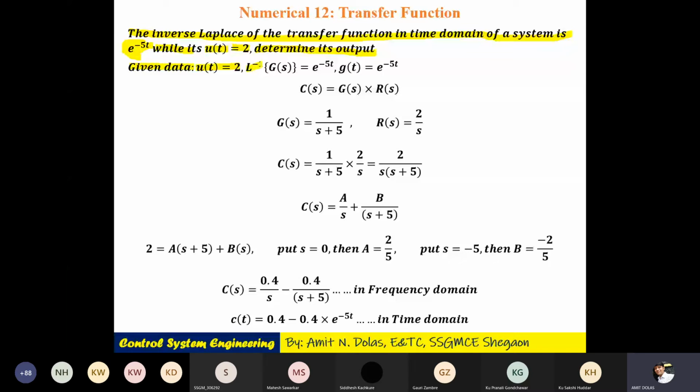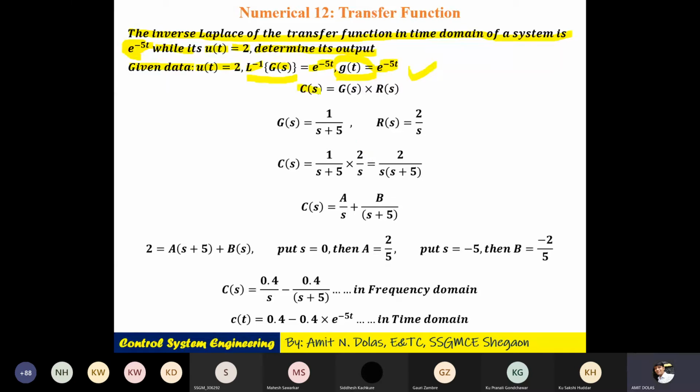So what do we call L inverse of the transfer function? That is g of s is e raised to power minus 5t. An inverse Laplace transform of the transfer function is nothing but, in time domain, it will be g of t, of course. G of t will be c of t upon r of t. So g of t is e raised to power minus 5t. This is the given data.